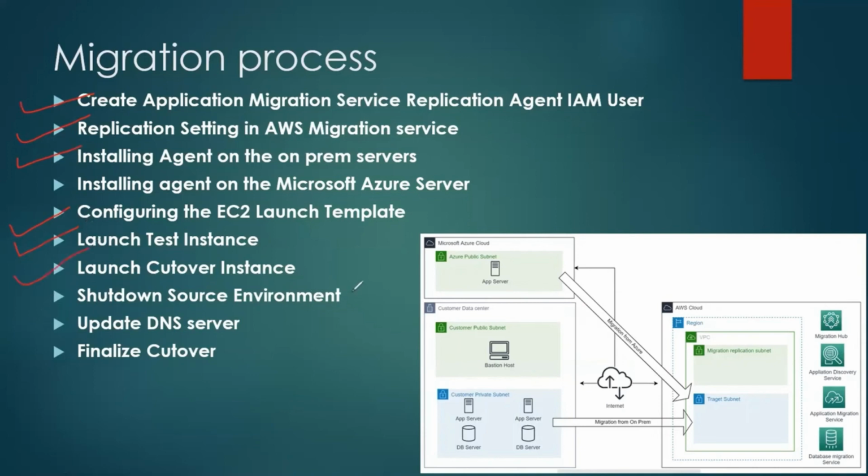The next step is shut down the source servers, update the DNS, and finalize the cutover. We have migrated all these servers to the target subnet, and let me show you the reference architecture.